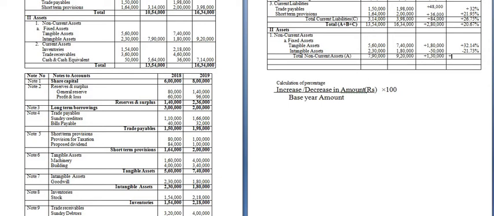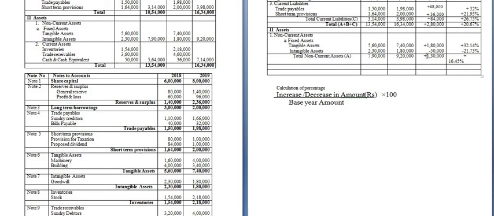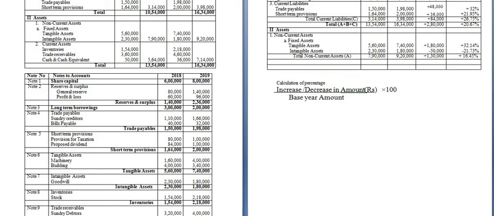So write a plus sign. 1 lakh 30,000 divided by 7,90,000 into 100 is 16.45%. Over.